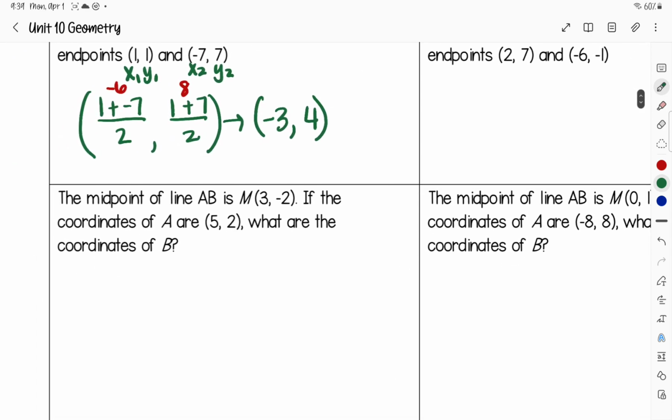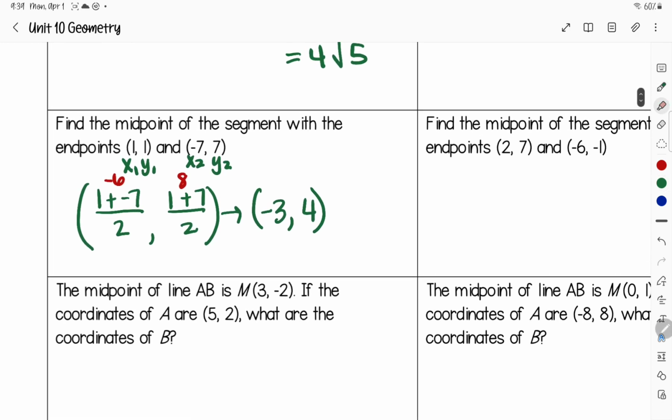Okay, next. The next one is a little trickier. It says the midpoint of line AB is the point M at 3, negative 2. If the coordinates of A are 5, 2, what are the coordinates of B? So this time it's giving you the midpoint and one endpoint, and asking you to find the other point.